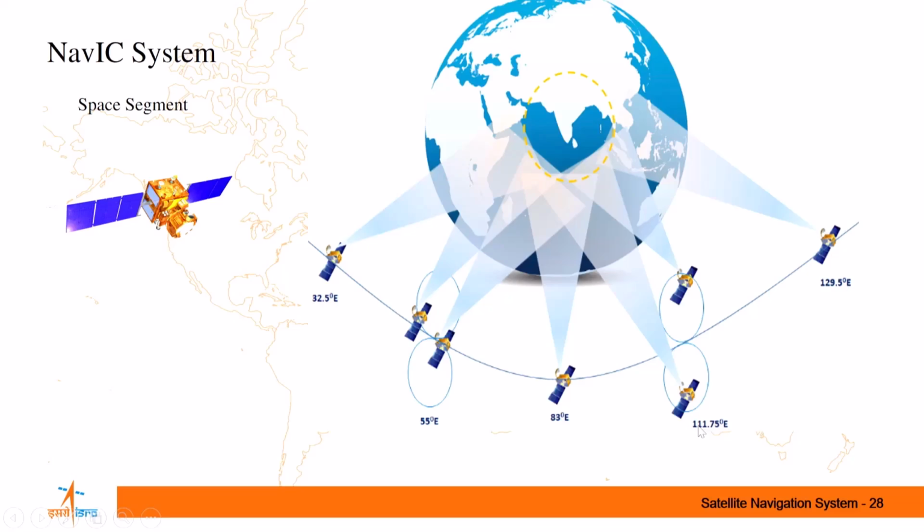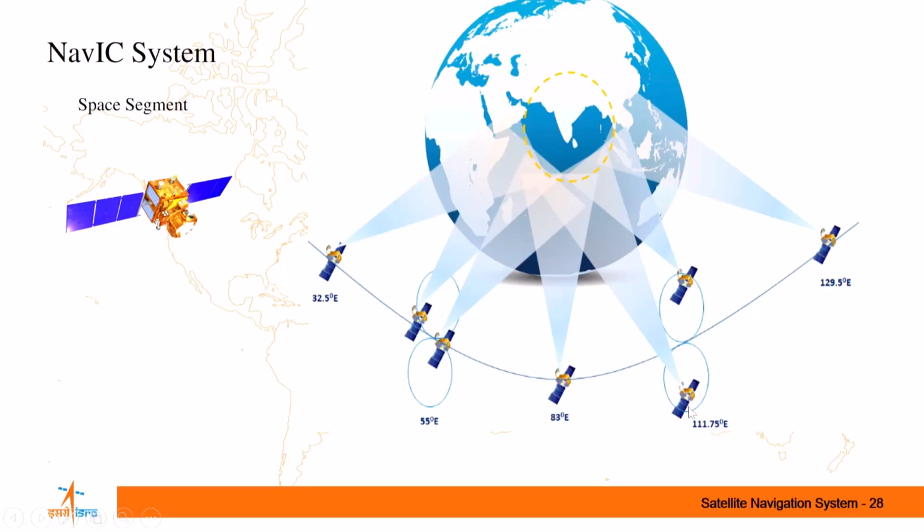and 111° east. So these two orbits, which are inclined around 29° to the equator, also have a time period of 24 hours with the inclination, and they have two satellites in their orbit.